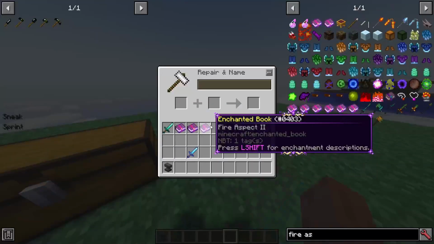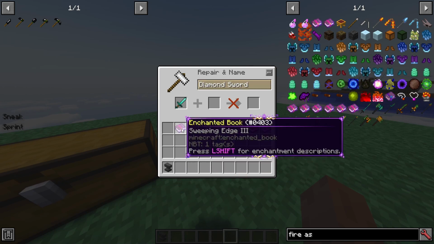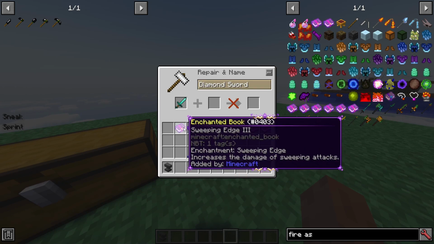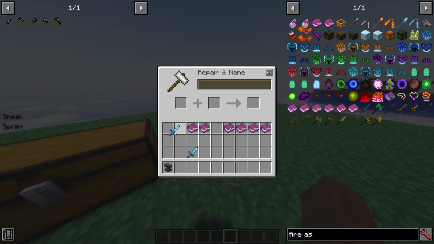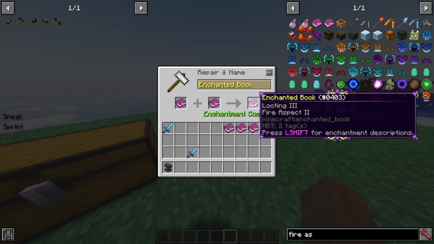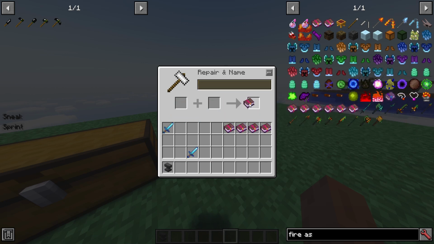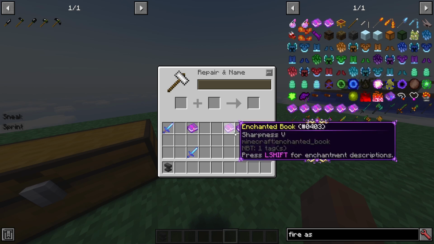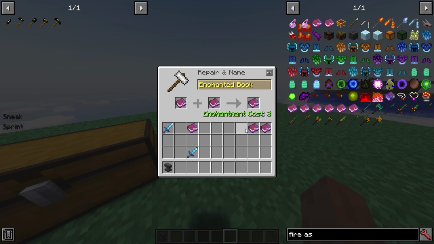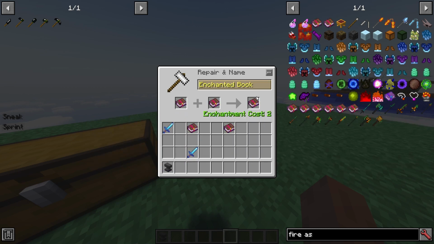This is an exercise I invite you to calculate with me. So this is going to cost 6 levels. This is going to cost 4 levels, because we pay for the 4 levels of the Fire Aspect and there's no Anvil use cost to consider. This is going to cost 3 levels. And this is going to cost 2 levels for the Mending.